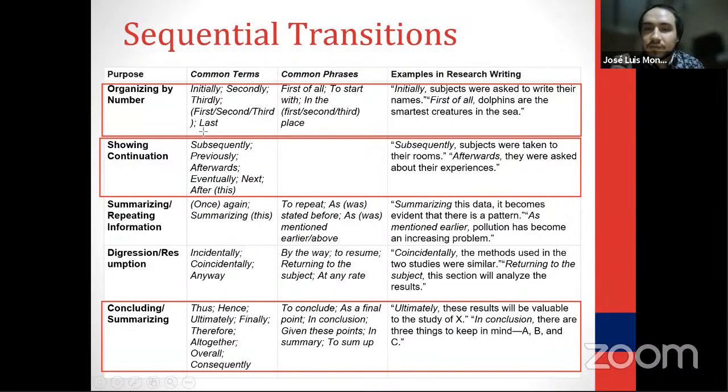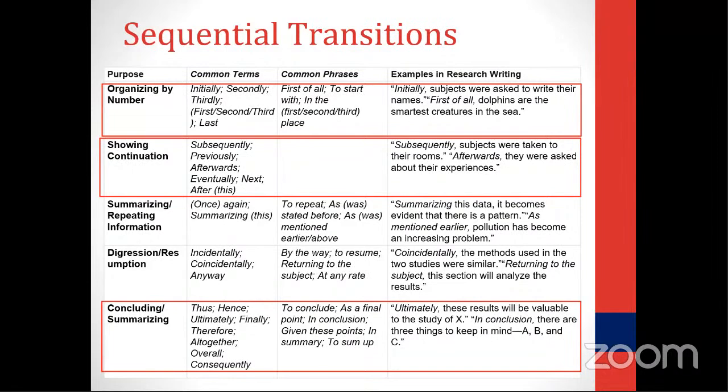Let's begin the first group with you, please, Melissa. Read all the information you have, common terms, common phrases, and the examples of organizing by number, please. Okay, teacher. Organizing by numbers, common terms: initially, secondly, thirdly, first, second, third, and last.